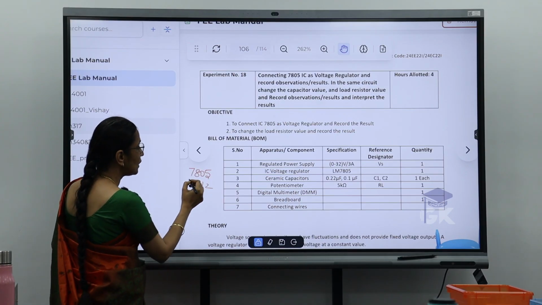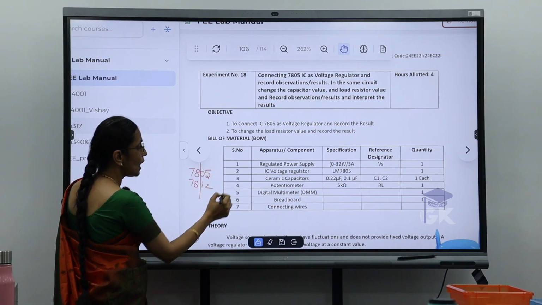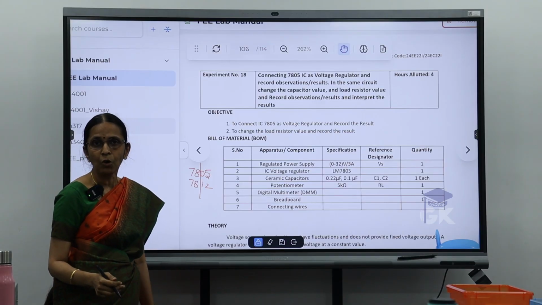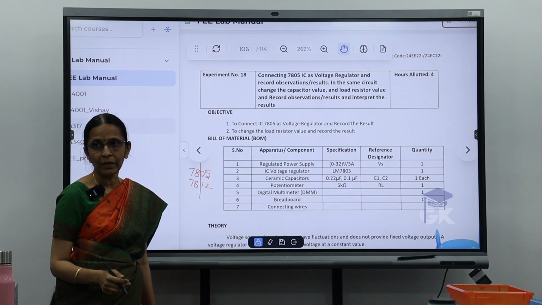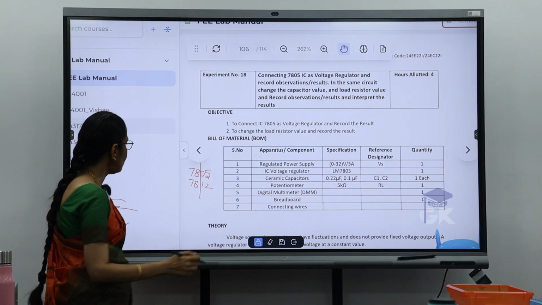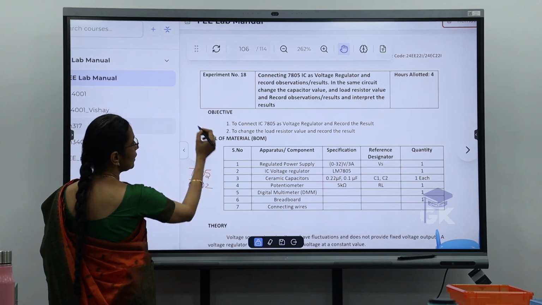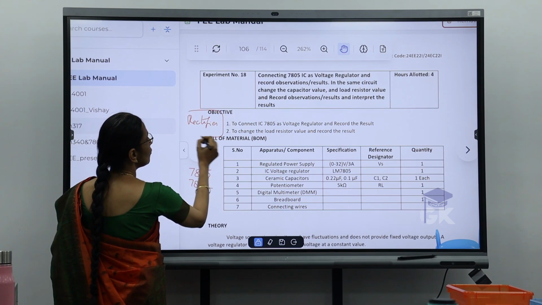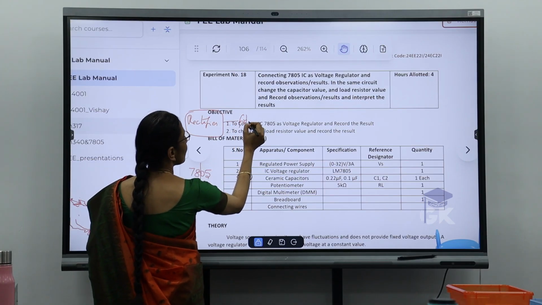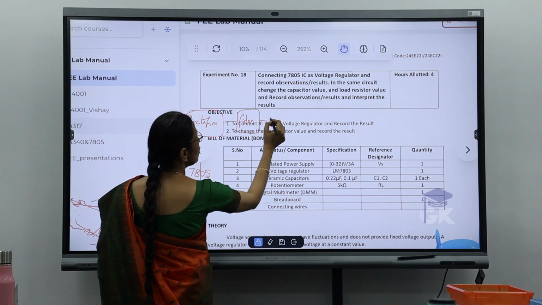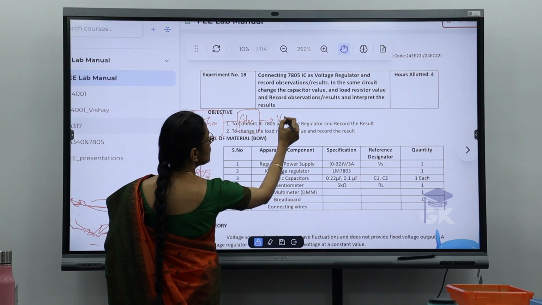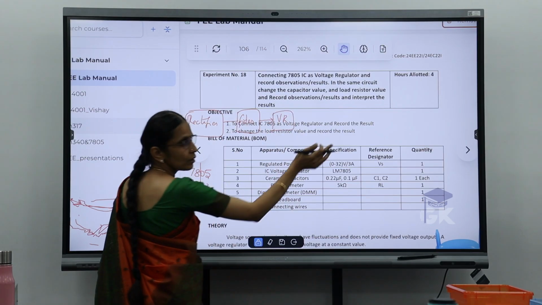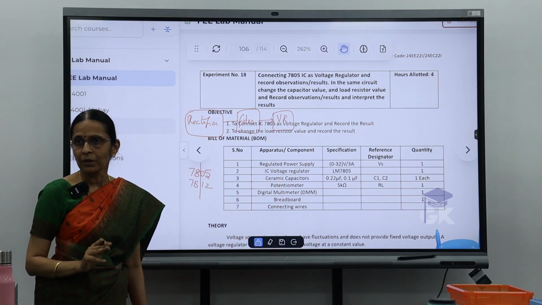The 78 is the series, and the last two digits specify the DC output voltage that I will be able to get. So now to our block where we had a rectifier and filter, we are going to also attach the voltage regulator and then check what the output is going to be.